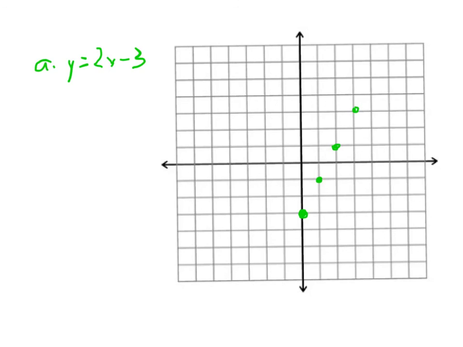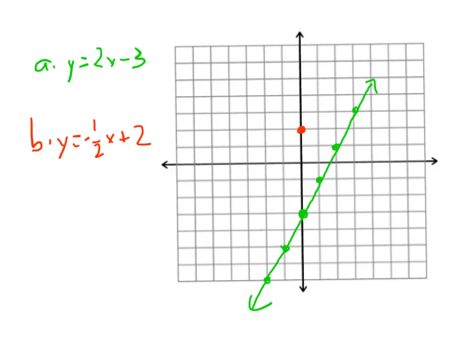Here I go down 2 and over 1. So try to keep my line straight here. That would be A. And then for B, we've got y equals -1/2 x plus 2. Crossing at +2.